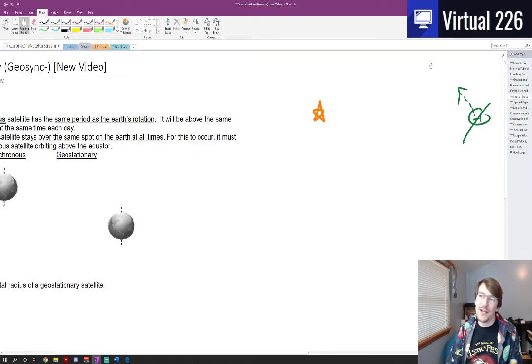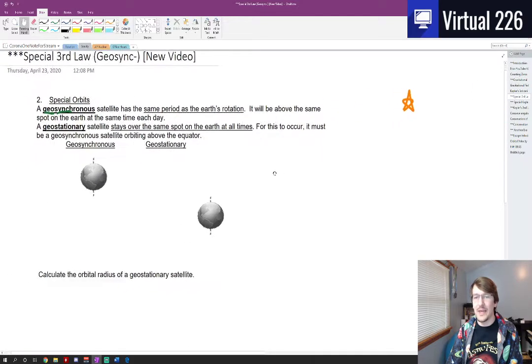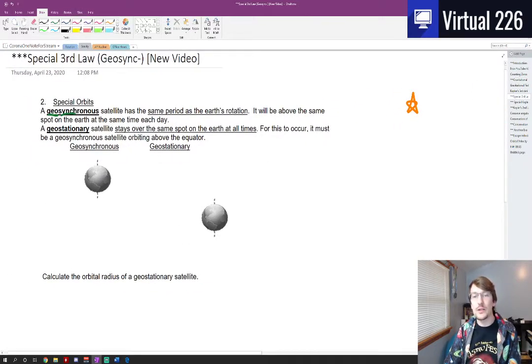We have to factor in how we're rotating while we're moving. And because of this, to appear in the sky at the same point, we need to have the same sidereal day.